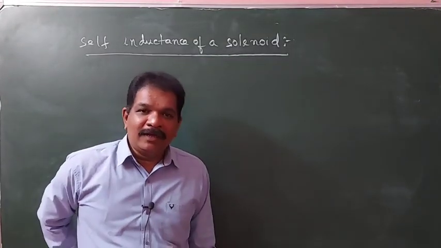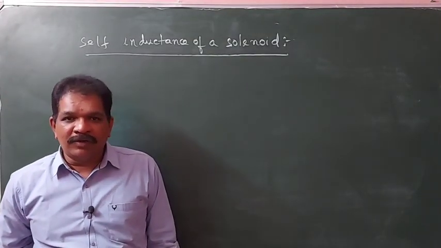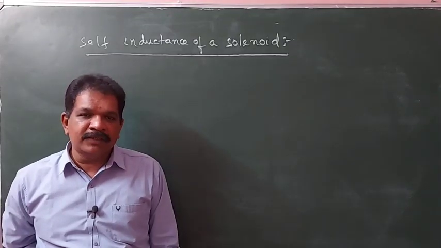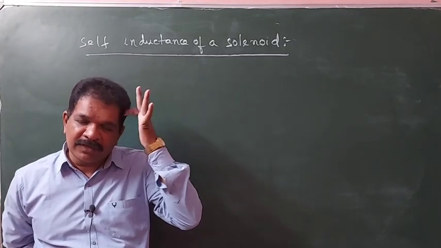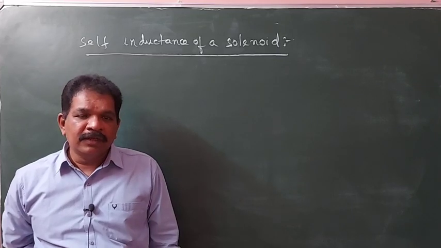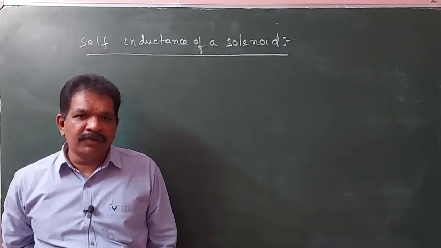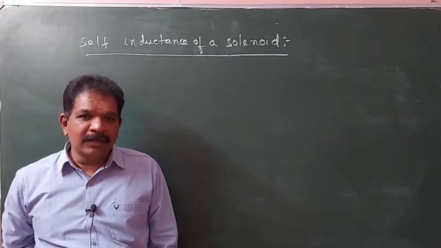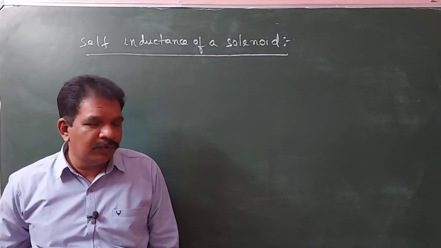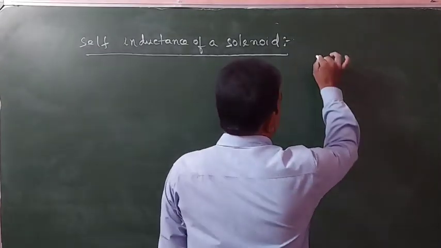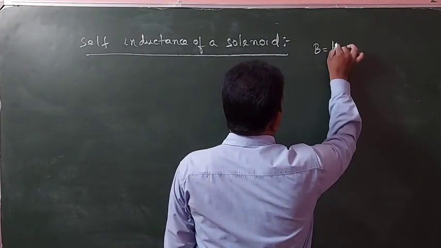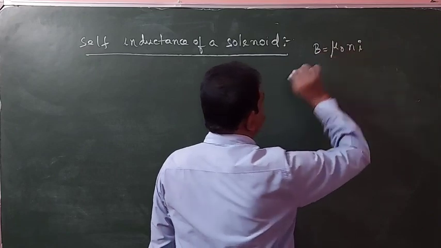For this, magnetic induction due to a solenoid is required. In the previous chapter, moving charges and magnetism, we calculated the magnetic induction due to a solenoid and due to a toroid. What is the formula? That is mu naught n I.